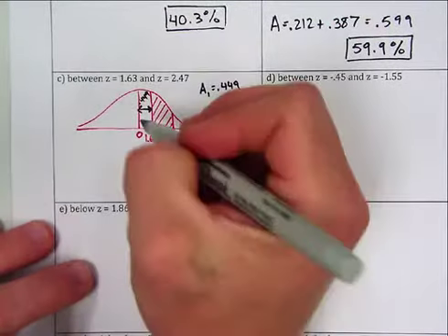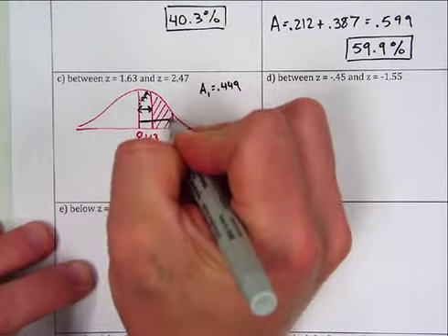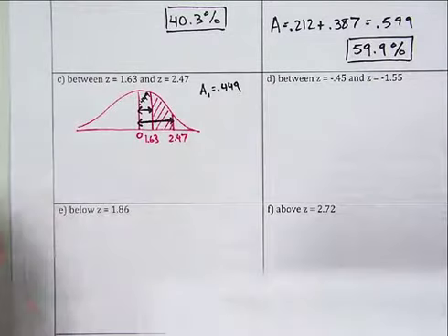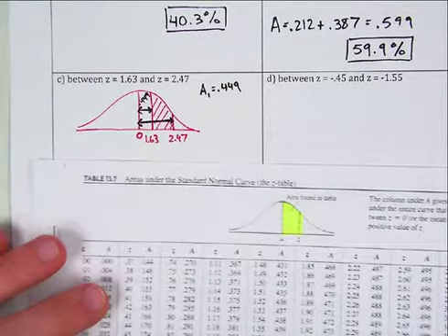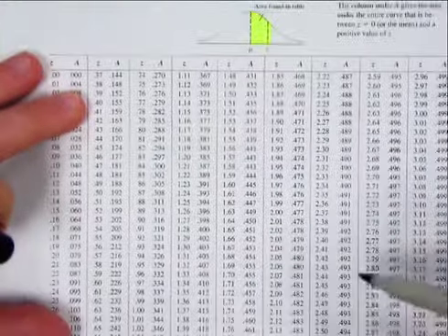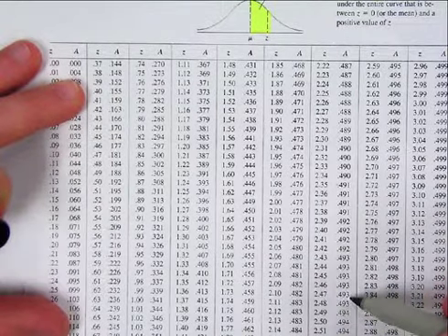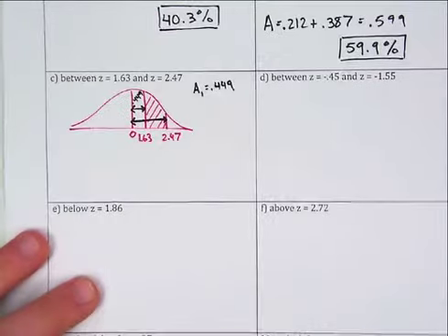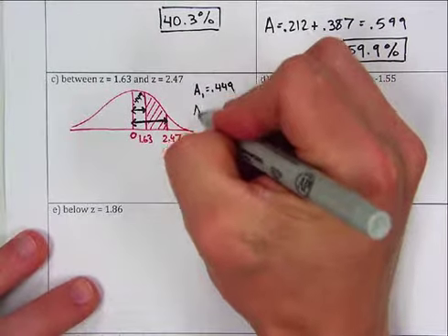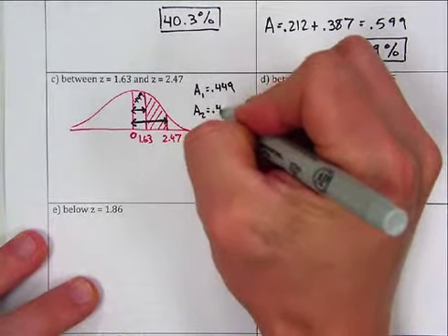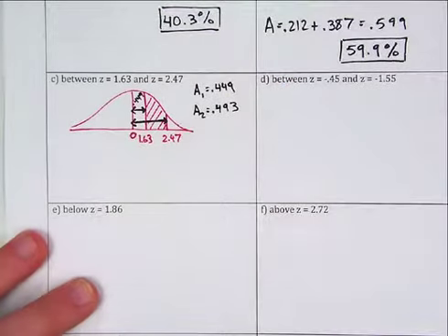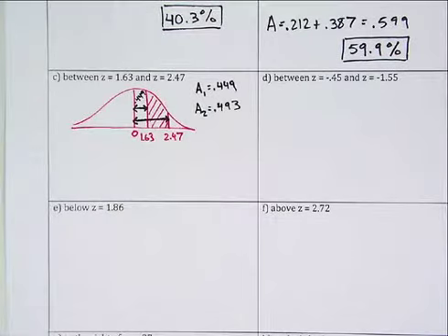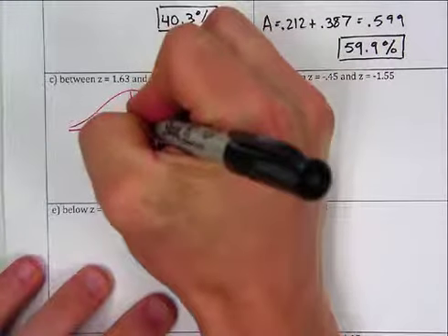And now we're going to look for our second area. Okay, so z-score of 2.47 has an area of 0.493. I think it's a little bit easier just to write it off to the side there, or you could write it right on top of this.